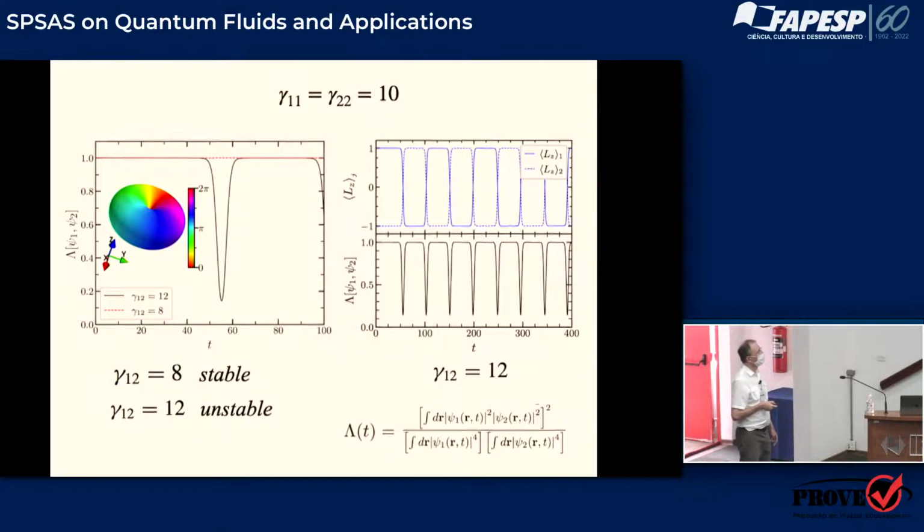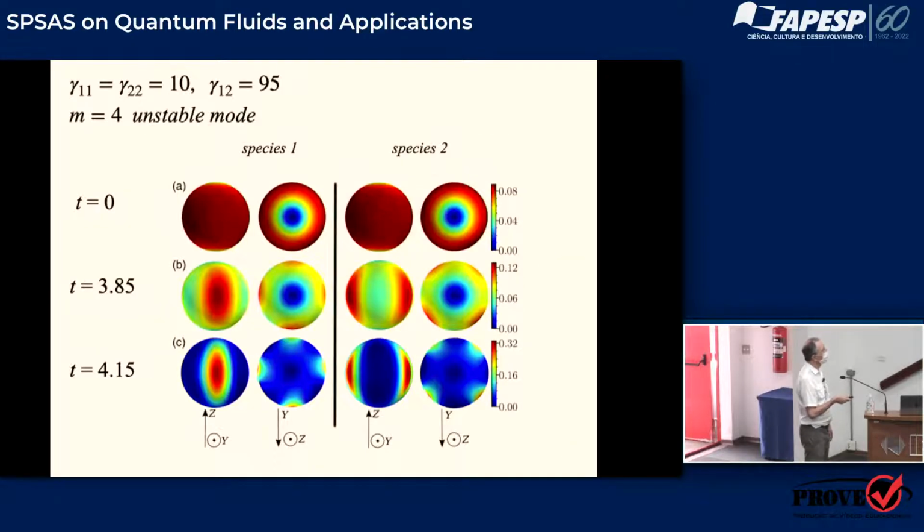There is a strong oscillation, but note that the total angular momentum is conserved. And here we show the miscibility parameter, defined by this form: the density multiplied by the other density, integrated over the sphere. In the beginning, we started them as miscible, and then it loses miscibility, but it oscillates.